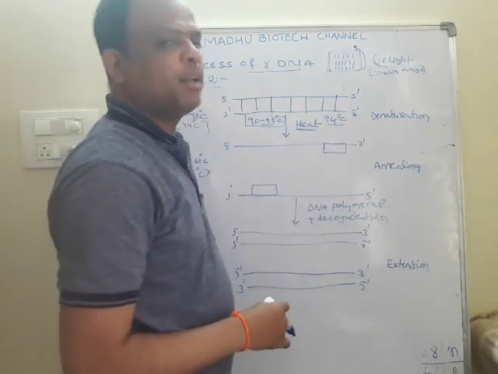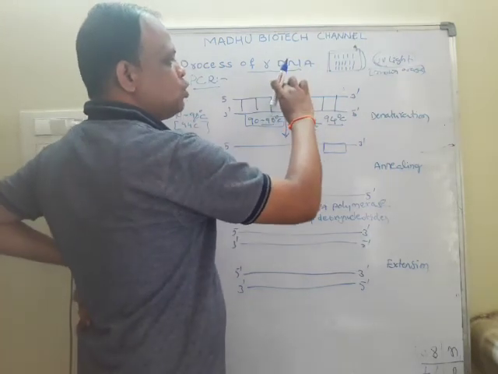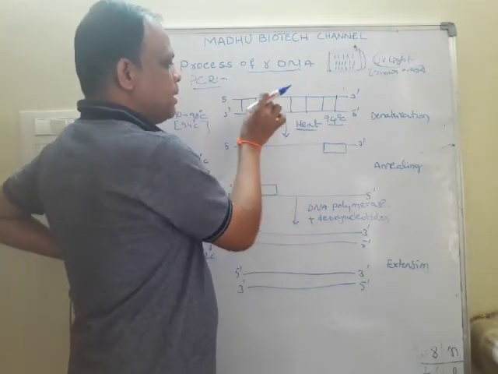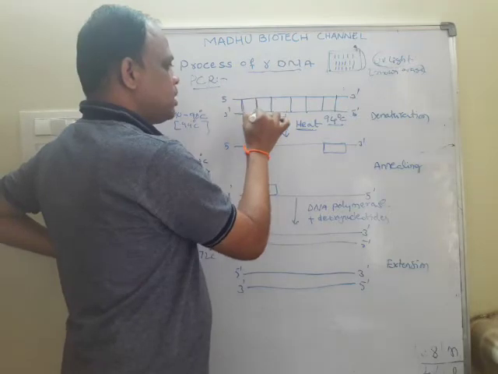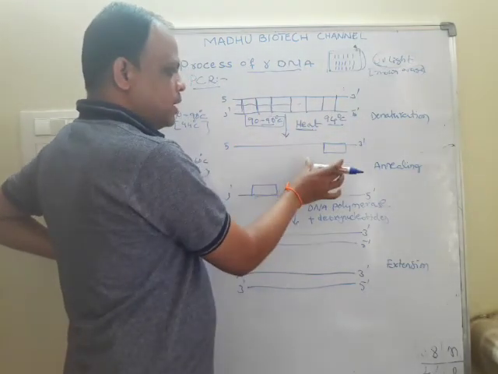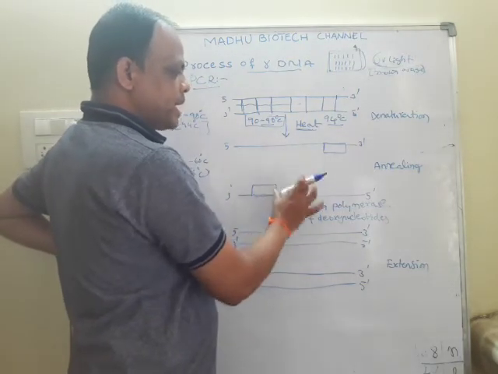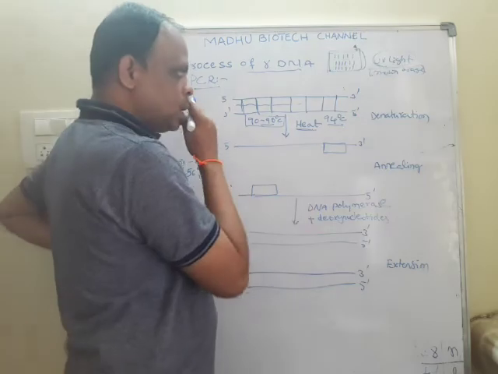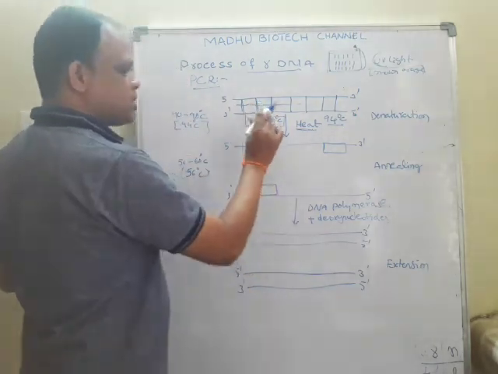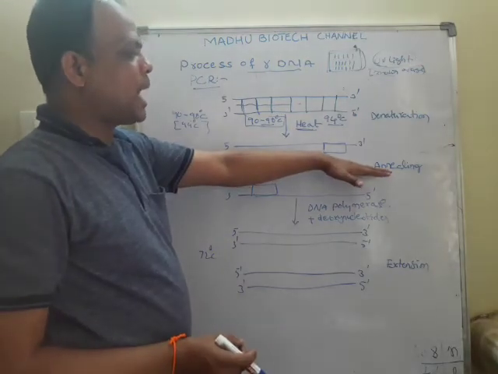At this temperature the hydrogen bonds between the two strands of the double stranded DNA break down, and single stranded DNA is formed. So this first step is called denaturation, and the second step is annealing.